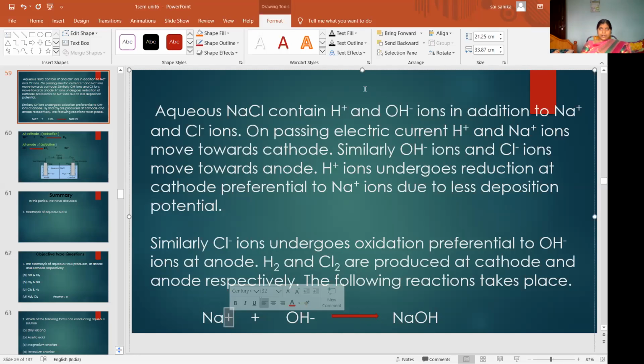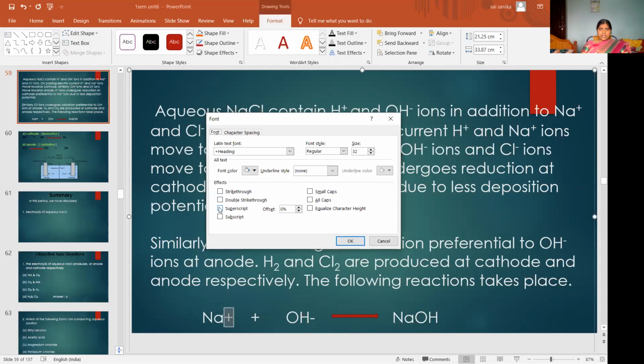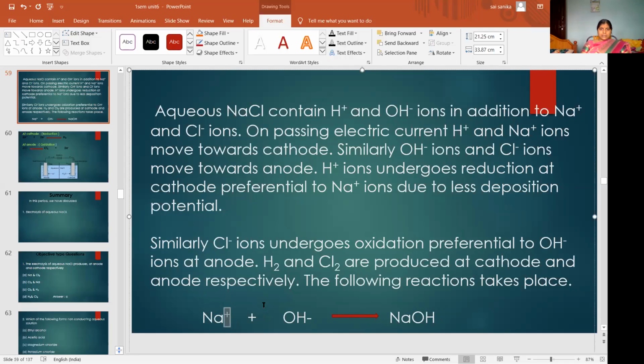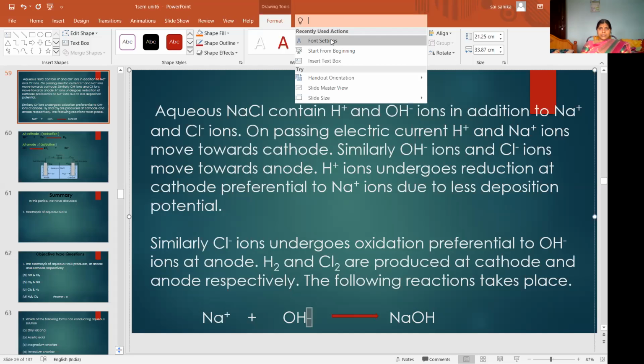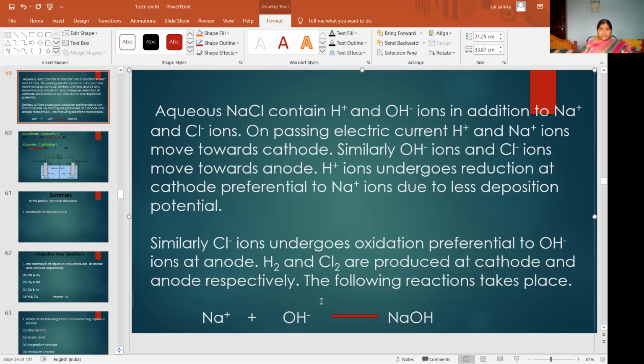So what is the product formed in the electrolytic cell? Sodium hydroxide is formed in the electrolytic cell. He is asking not at the electrode, but in the electrolyte, in the solution. In the solution and in the electrolytic cell, both are the same.